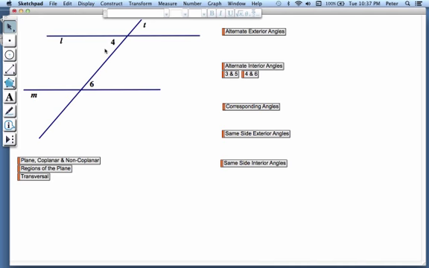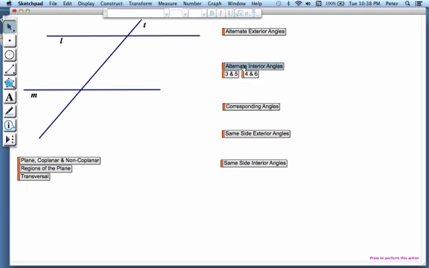At this point, it's not important whether these angles are congruent or not. Anytime any lines intersect a transversal, they create these 8 different angles, and the angles have names, whether or not they're congruent. Okay, so 3 and 5 and 4 and 6 are alternate interior angles.